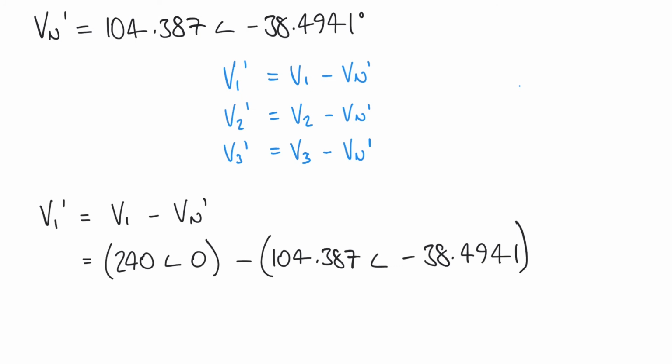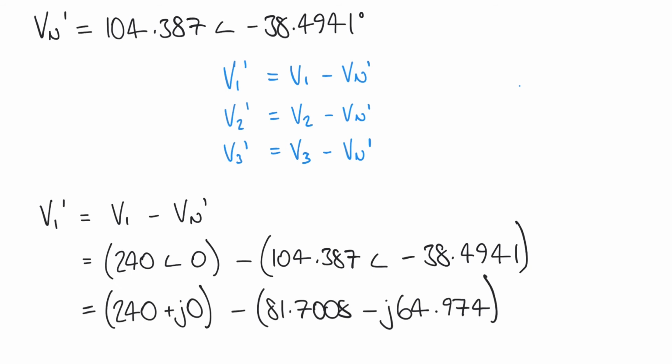V1 is given to us. It was 240 at an angle of 0, one of the things we said at the very beginning. But we're subtracting this displaced neutral voltage that we've just worked out, 104.387 at an angle of minus 38.4941. Again, we're performing a subtraction here, and it's more convenient to do this in rectangular form.